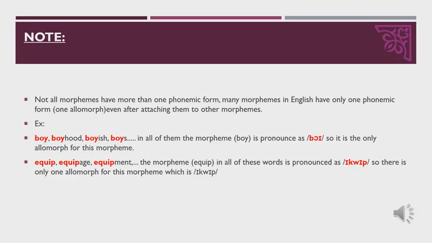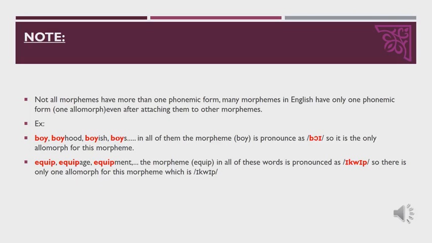Another example is the morpheme equip. This morpheme is pronounced as equip. So this is the allomorph of this morpheme, equip. After adding the derivational suffix -age, the word becomes equipage. Notice that the morpheme equip has the same pronunciation, the same phonemic form, equip, equipage. So it has one allomorph in these two words.